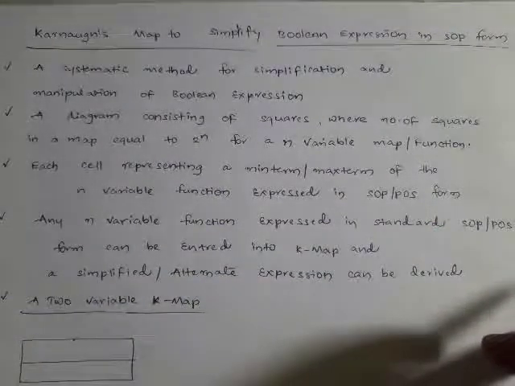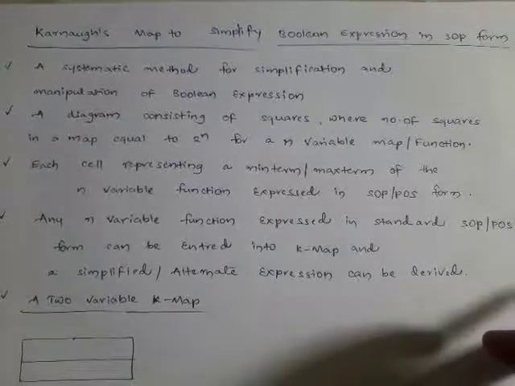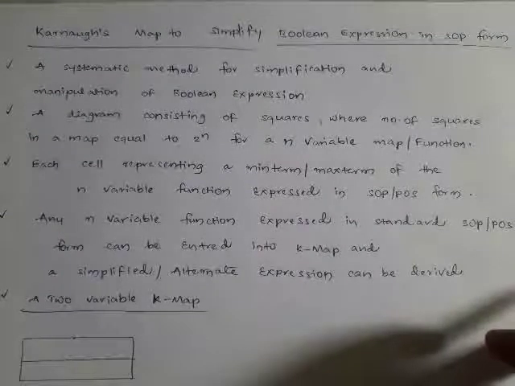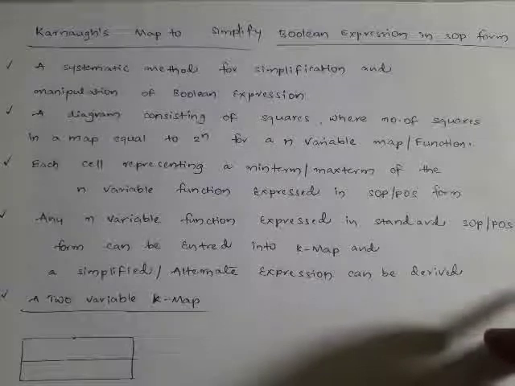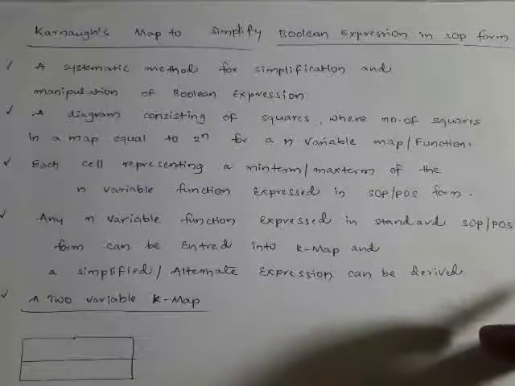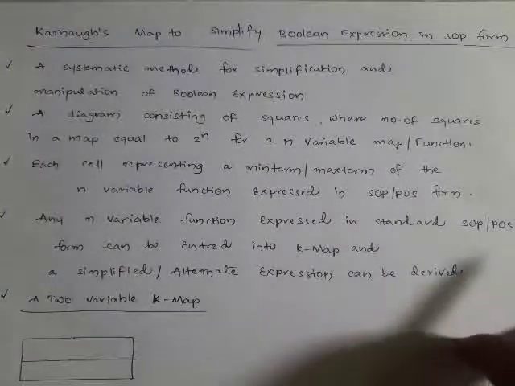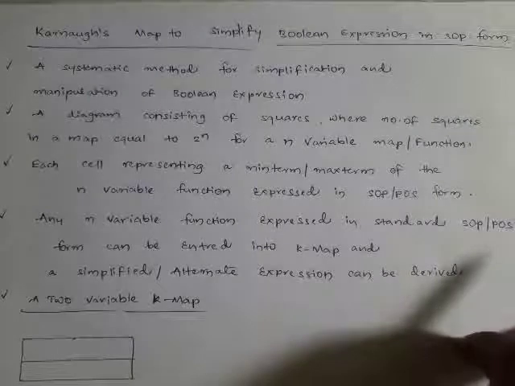In today's lecture, we'll look at how to simplify Boolean expressions by using a method called the Karnaugh map method. Previously we have seen how to simplify Boolean expressions using theorems and laws.